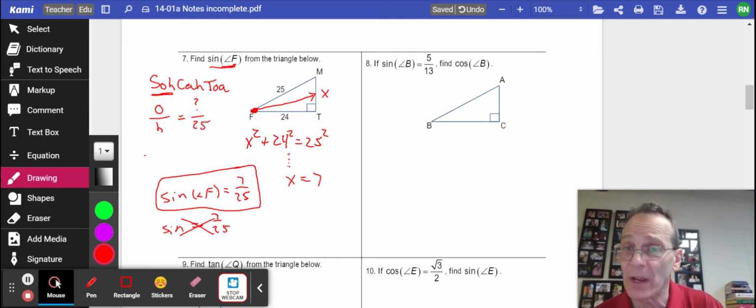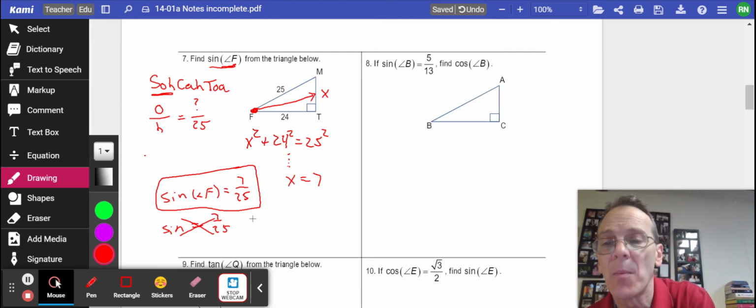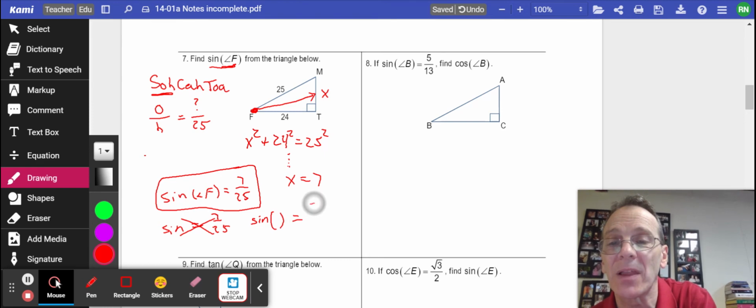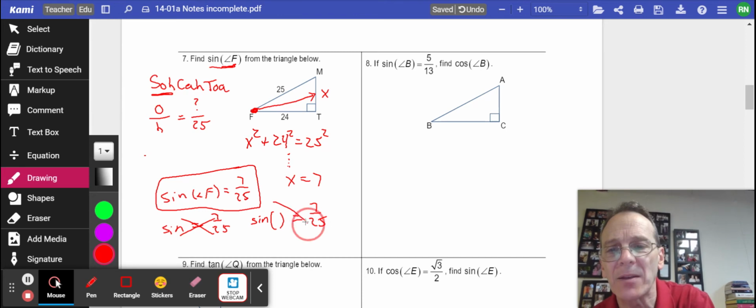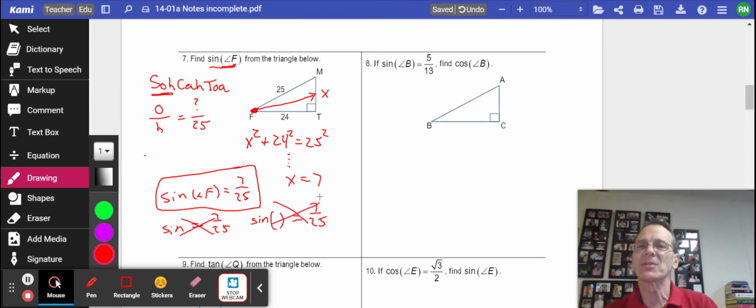I rarely see students write that, but occasionally, in rare instances, they do. Sometimes I see students write something like this. Again, sine without an input value is meaningless. This would be bad.